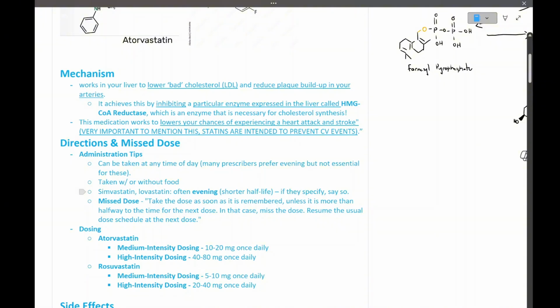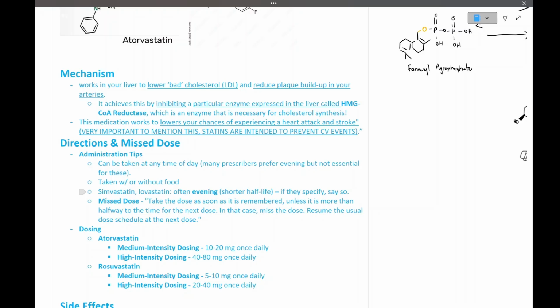Simvastatin and lovastatin are the special exceptions to the rule of being taken at any time of day. They're often preferred to be taken in the evening because they have a shorter half-life. The reason is that when a person has a heavy meal that's high in fats, the medication will work more efficiently in the evening when it's taken closer to the meal.